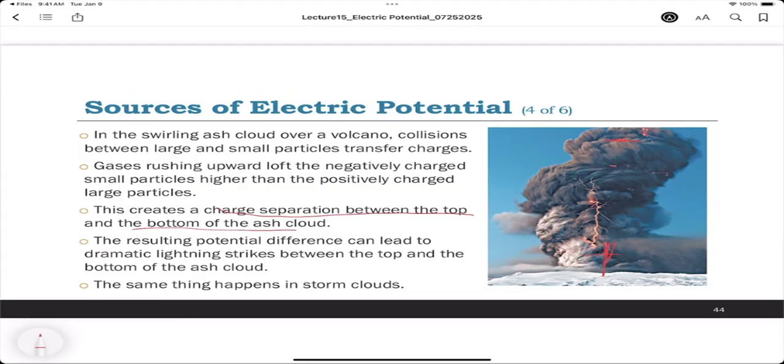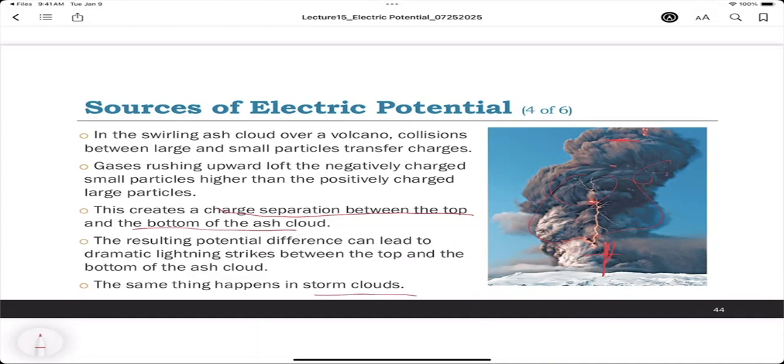So this creates a large separation between the top and the bottom of the ash cloud, and the resulting potential difference can lead to dramatic lightning strikes between the top and the bottom of the ash cloud. You can see there are so many lightning strikes here. The same thing happens in storm clouds. In the summer you can see many storm clouds.